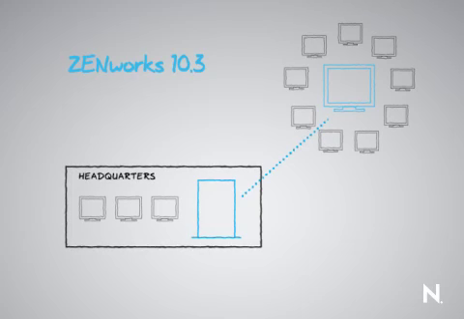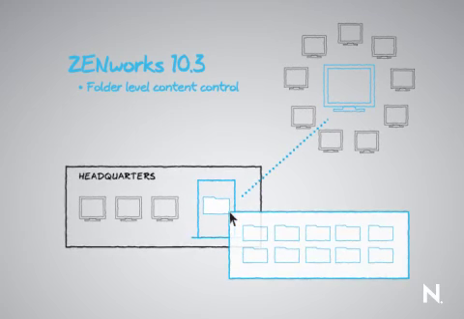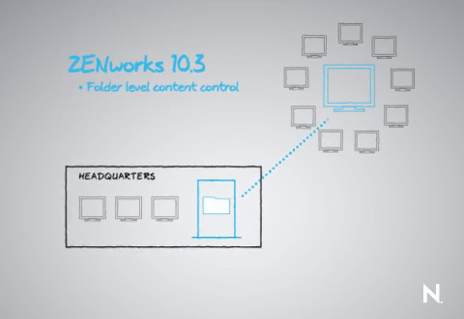The first is at a folder level, you can control content. So if I have a bundle folder that has 10 bundles in it, and I want those 10 bundles to be replicated to the satellite server, I can now do that with one setting at the folder level instead of with 10 settings at the individual devices.